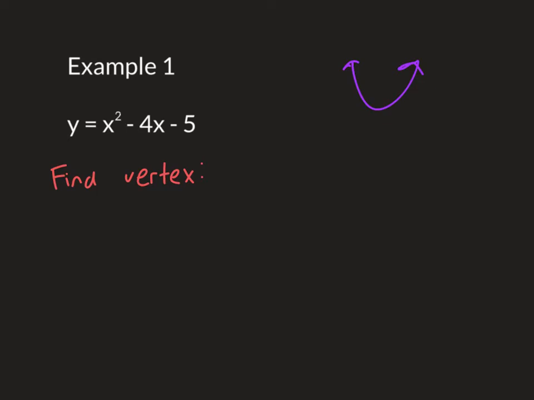The x value there will always be, if we recall when we did standard form or general form with quadratic formula, we had ax squared plus bx plus c, right?